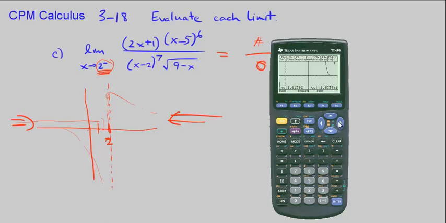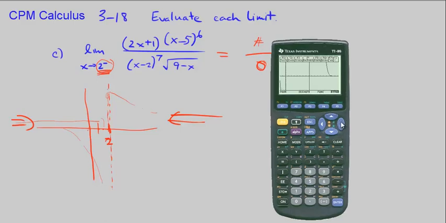E to the 6 means times 10 to the 6th power, so you move the decimal place to the right 6 times. It's a big number, right? If I keep getting closer, so now x is getting closer and closer to 2, this number is growing toward what? Negative infinity. Wow, that is a really big negative number.